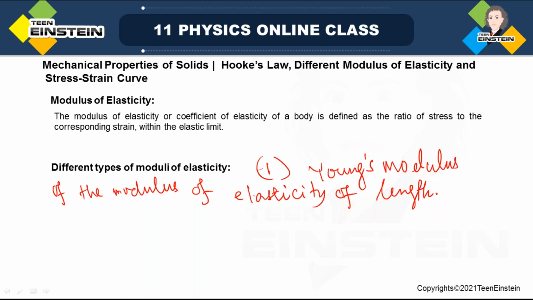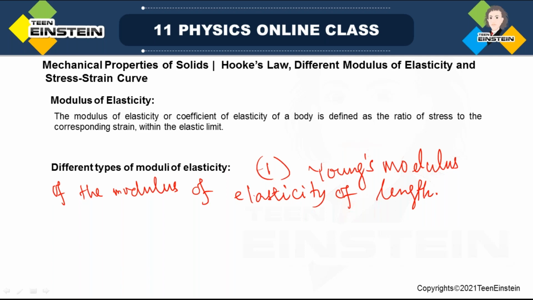That means stress and strain. Basically, a certain type of strain produced will contribute to a certain category of elastic coefficient or modulus of elasticity.